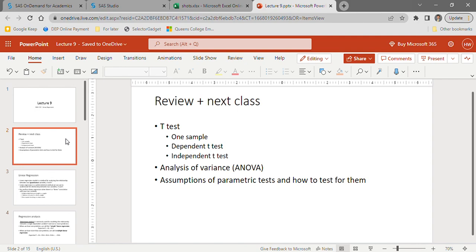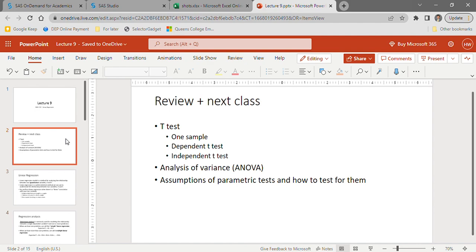Let's do a quick review, right? At this point, let's take an honest assessment of ourselves. You should know the 3 t-tests that we went over. You should know ANOVA, and you should know all of the assumptions of parametric tests and how we essentially test for them, right?